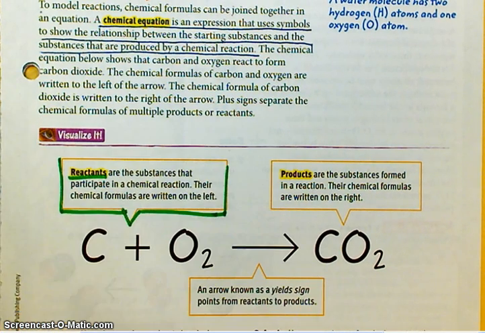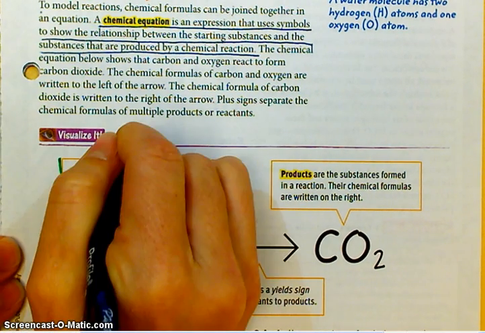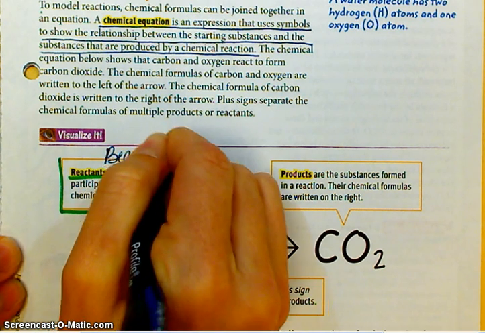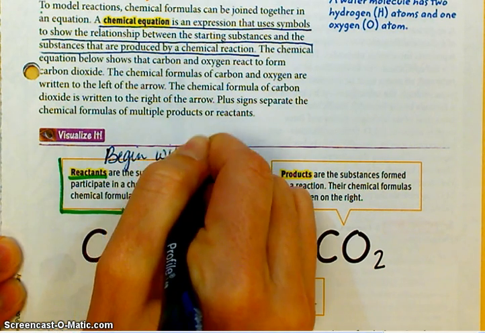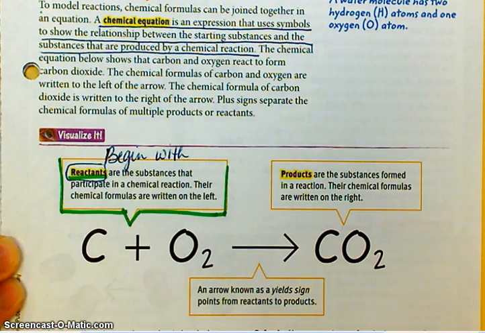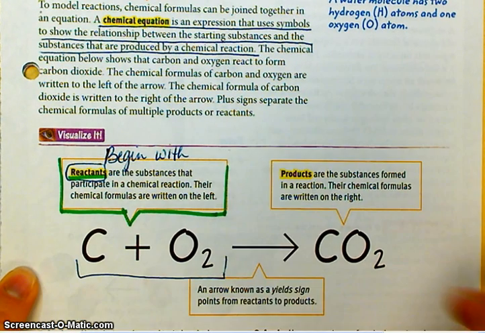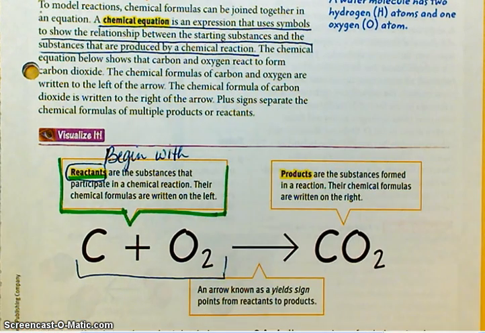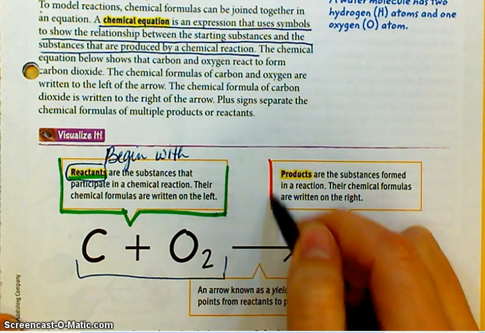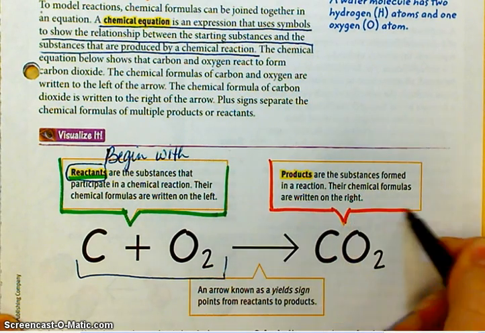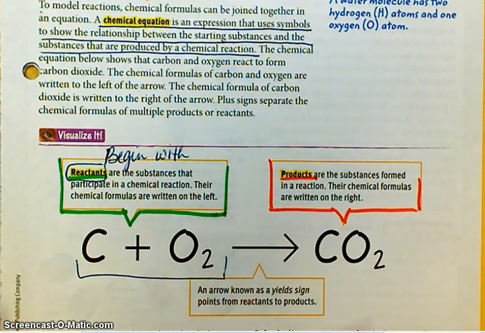Okay? The substances over here that you begin the reaction with are your reactants. And that's what you start with. So these are your reactants. And then what is made in the chemical reaction and what you end up with are products.